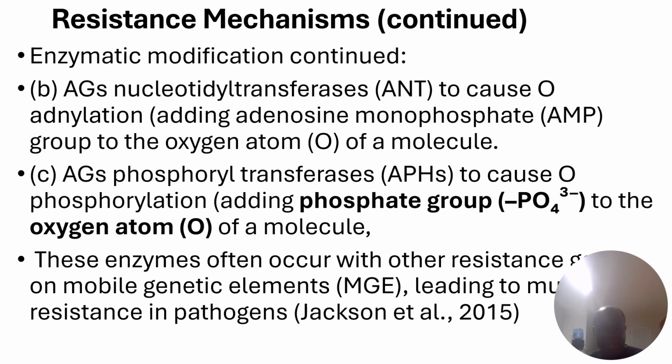And the next one is AGS phosphotransferase, which causes oxygen phosphorylation, adding a phosphate group to the oxygen atom. These enzymes usually occur with other resistance genes on mobile genetic elements, leading to multiple resistance in pathogens.